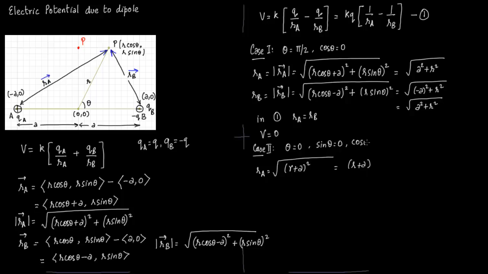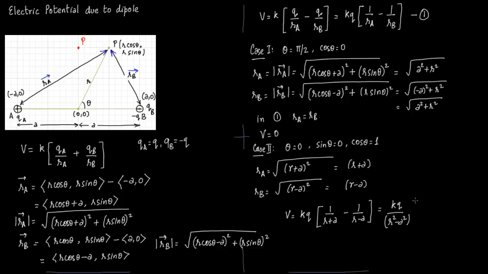So RA would be the square root of (R plus A) squared, which is just R plus A, and RB would be the square root of (R minus A) squared, which would be R minus A. Now you plug this in the potential and you get KQ times 1 over R plus A minus 1 over R minus A, and this gives you KQ over R squared minus A squared times minus 2A.